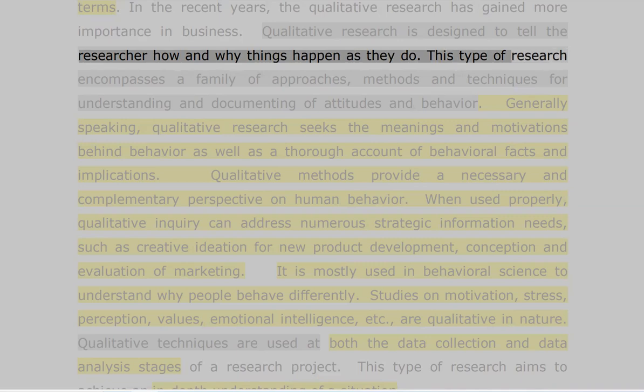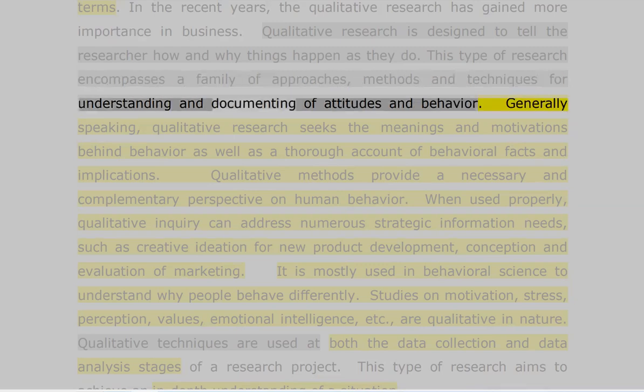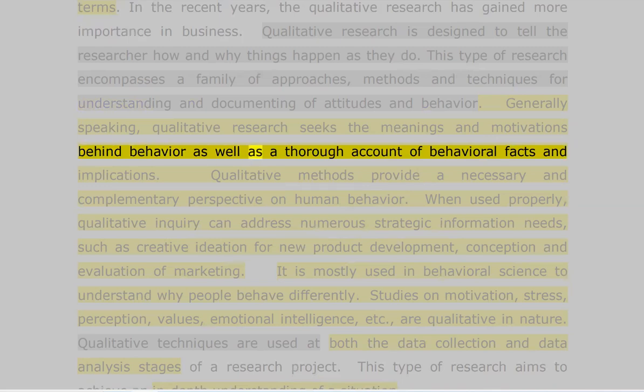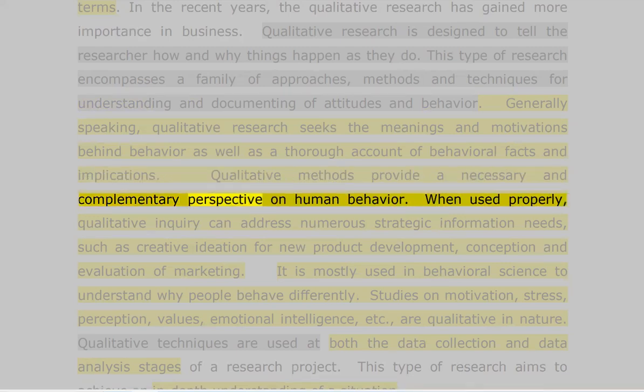This type of research encompasses a family of approaches, methods, and techniques for understanding and documenting attitudes and behavior. Generally speaking, qualitative research seeks the meanings and motivations behind behavior as well as a thorough account of behavioral facts and implications. Qualitative methods provide a necessary and complementary perspective on human behavior.